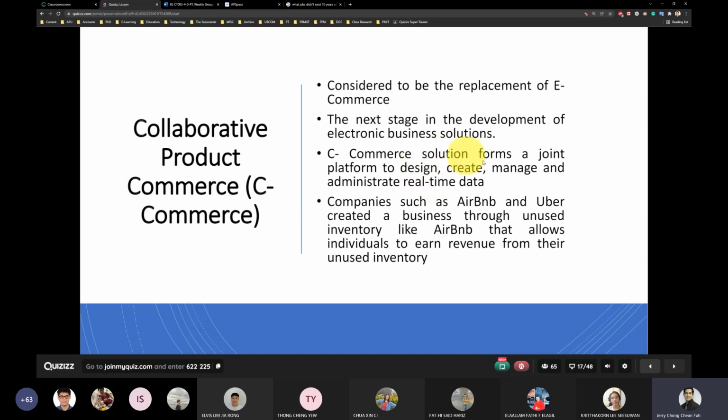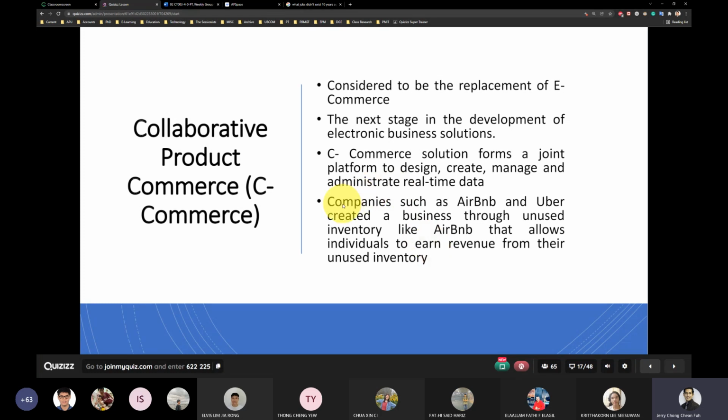So what C-commerce does is form a joint platform to design, create, manage, and administrate real-time data. So collaborative commerce is trying to encourage that a lot of aspects are combined together. Businesses are collaborating in order to cover the full end-to-end solution to be provided to customers instead.